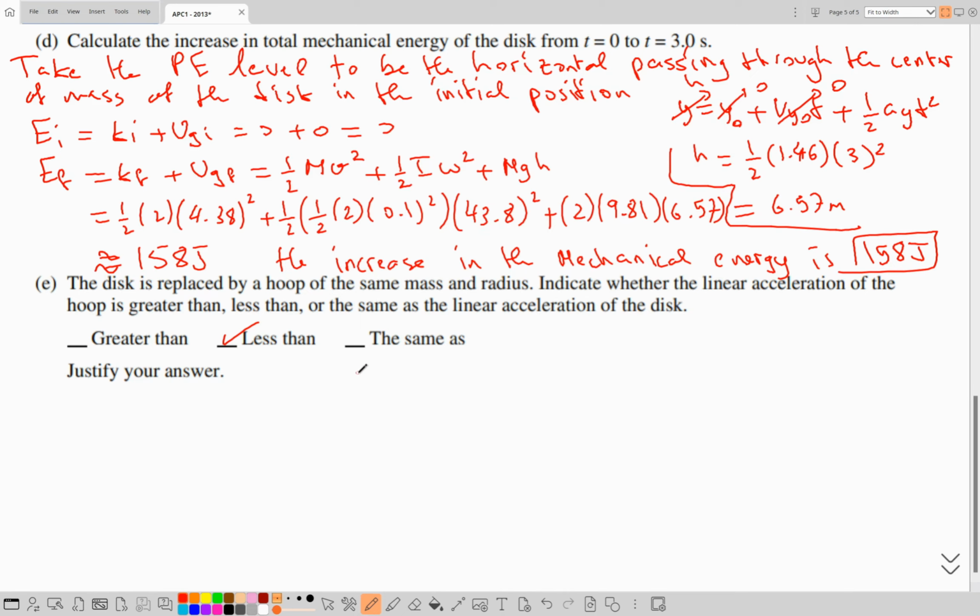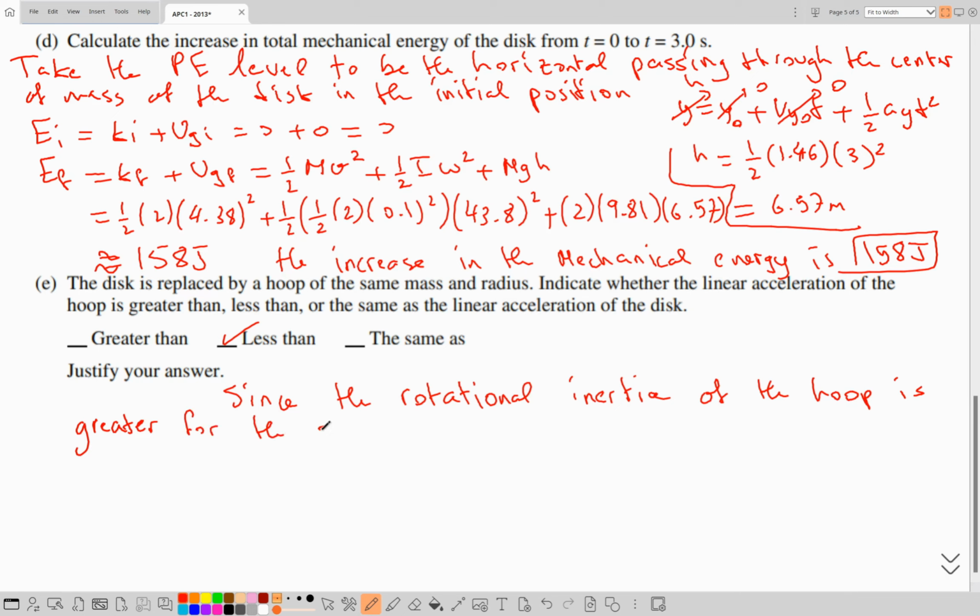So let me state, since the rotational inertia of the hoop is greater for the same mass, and the important thing to mention here is that the mass and the radius are the same.